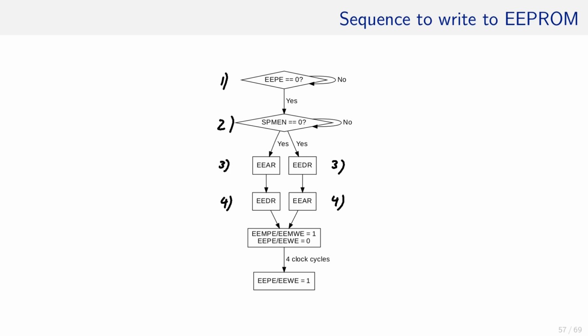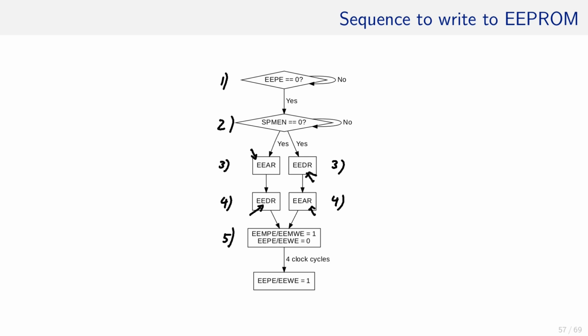After that is completed, the data in EEDR needs to be written at the address in EEAR. For that, first the EEMPE bit is to be set, while the EEPE bit is to be cleared.